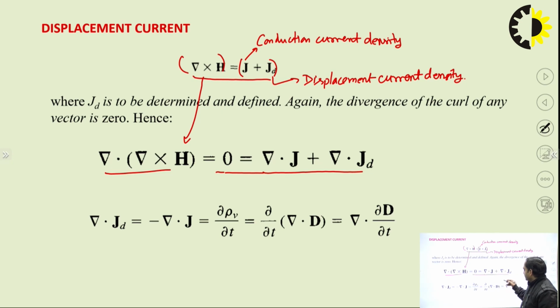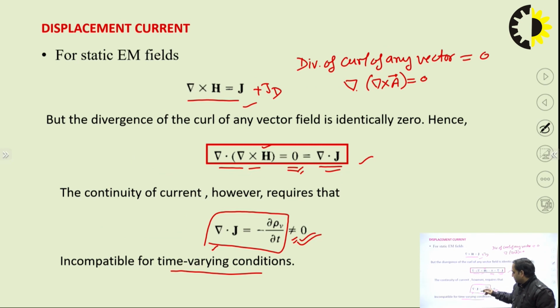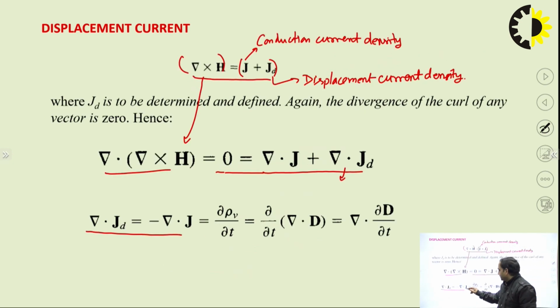Taking del dot J to the other side, del dot JD is equal to minus del dot J. In terms of the continuity equation, del dot J is equal to minus del rho v upon del t. So minus minus becomes plus, and it becomes del rho v upon del t.